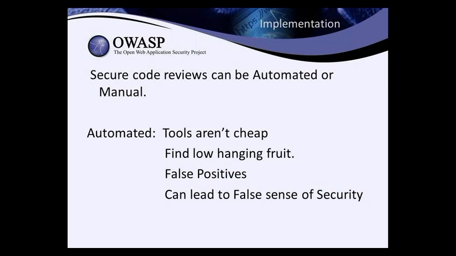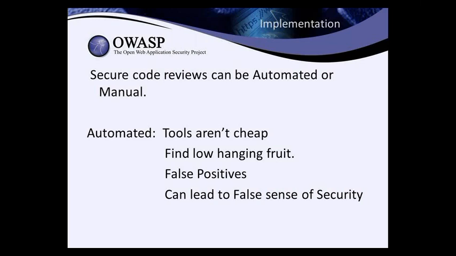So these automated tools are out there. They're usually kind of expensive. They will find your low-hanging fruit, your OWASP top 10, pretty regularly. You might have an issue with false positives, although I know over time they've been getting a lot better with that. But when a false positive comes up, you still have to do the research, hunt it down, and try to figure out if it's really an issue or not.